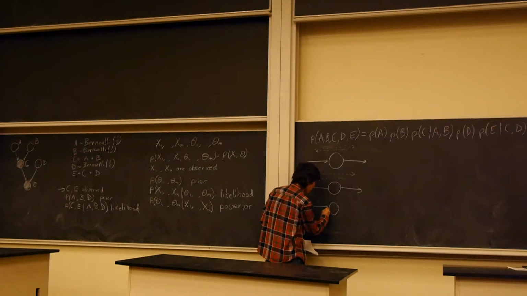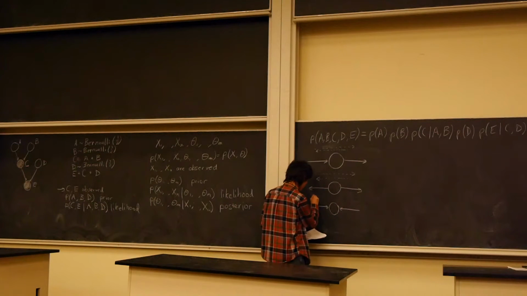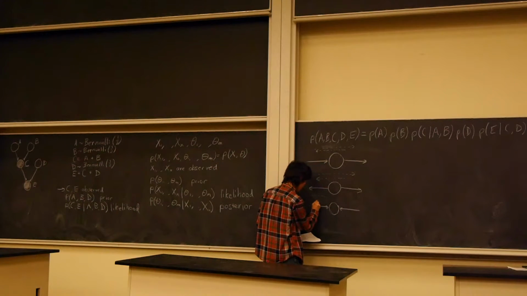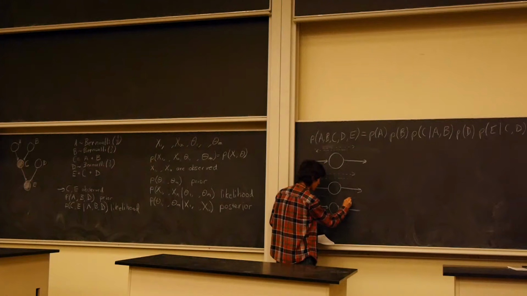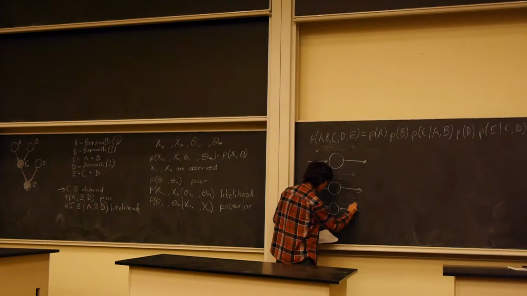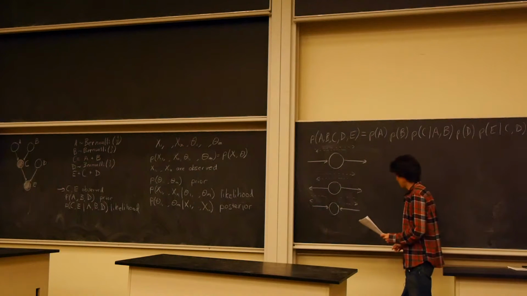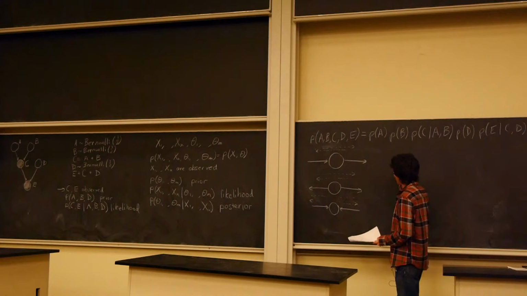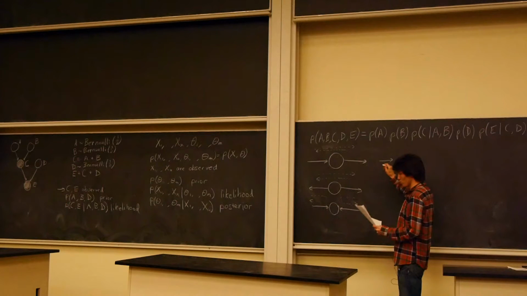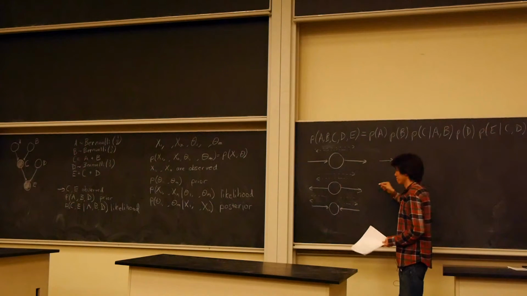But if they're both pointing in, sometimes called a collider node, then the ball cannot pass through. But if they're observed, then the rules are reversed.